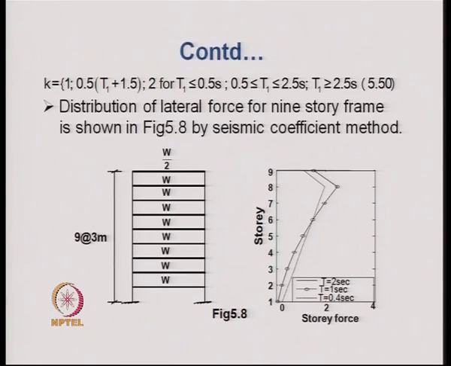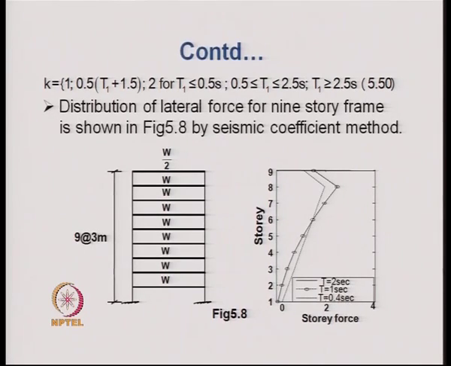For example, in the International Building Code, three values of K are recommended: 1, then 0.5 T1 plus 1.5, and 2.